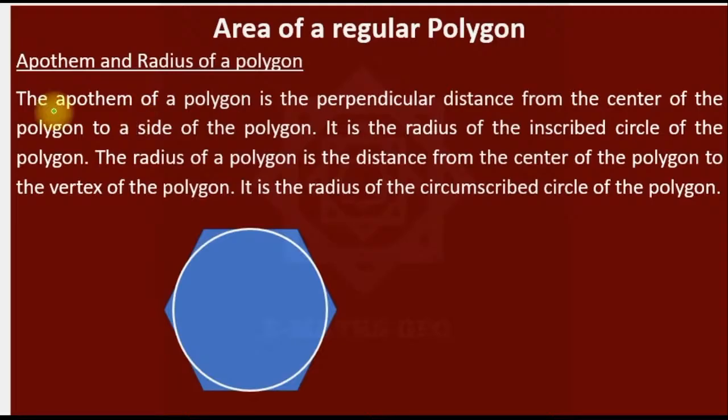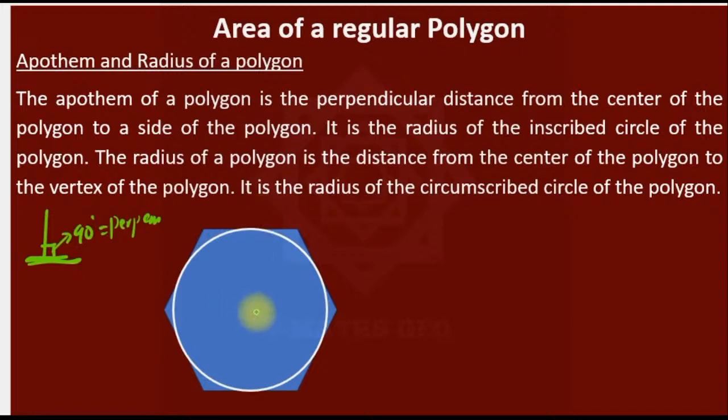So let's define that. The apothem of a polygon is the perpendicular distance from the center of the polygon to a side of the polygon. Perpendicular means something that makes angle 90. So the perpendicular, not just any other distance, the perpendicular distance from the center.